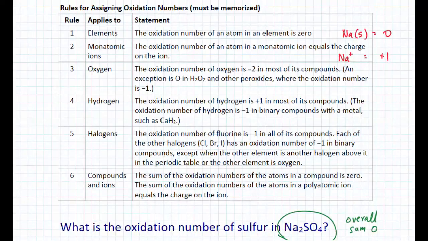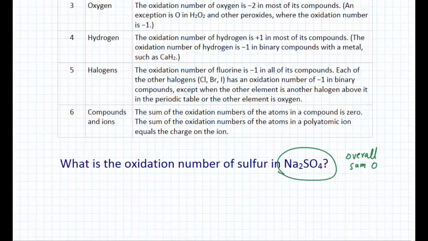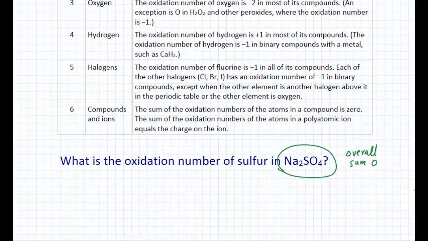I mean, think of it in terms of charges. Think of it the same way you would think of charges. You don't need to memorize those exceptions in that chart, but you should be very familiar with how all these things work. Okay? But I don't want to tell you to just memorize this chart, because that's making it harder than it has to be. In other words, overall, the sum is going to be 0. Okay.